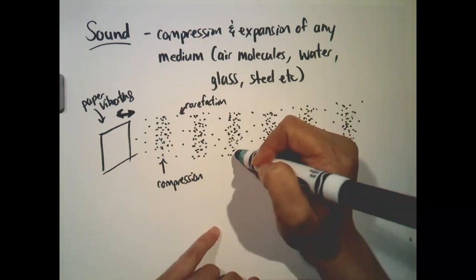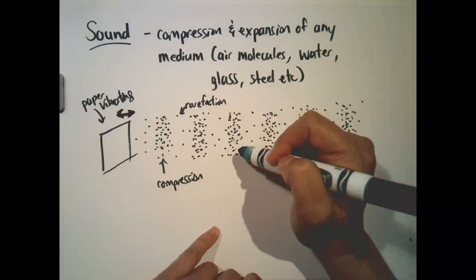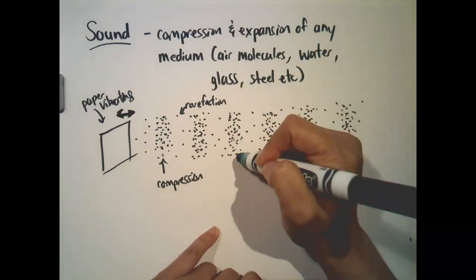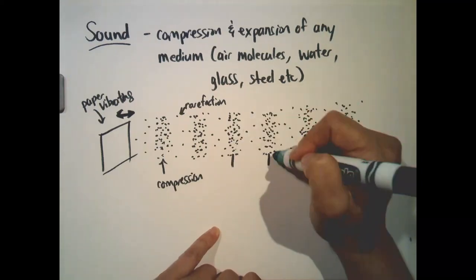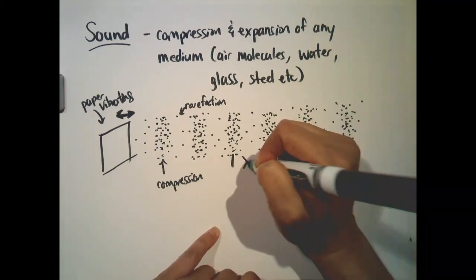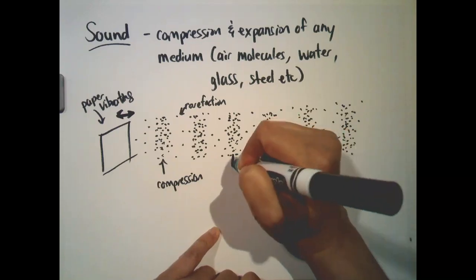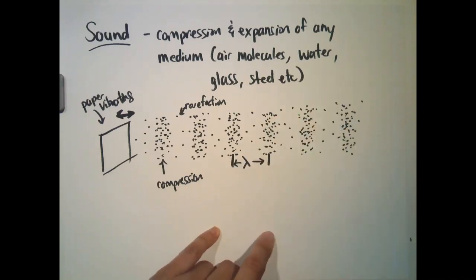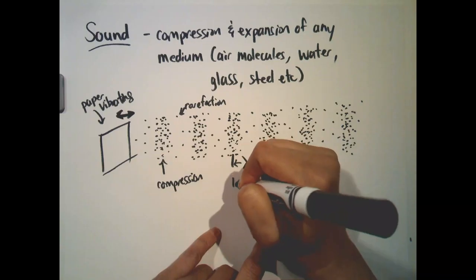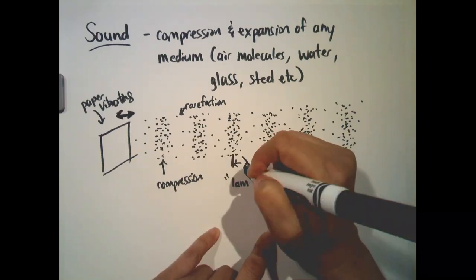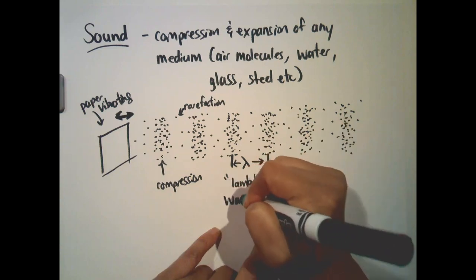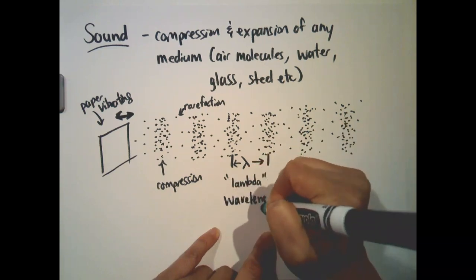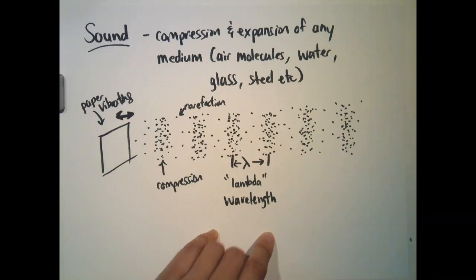if you want, between compressions, and we give that a name that's called wavelength, or lambda. So let's say from the middle of the compression to the middle, we'll call that lambda. It's the Greek letter. It looks like an upside down Y, and that represents wavelength, for example.